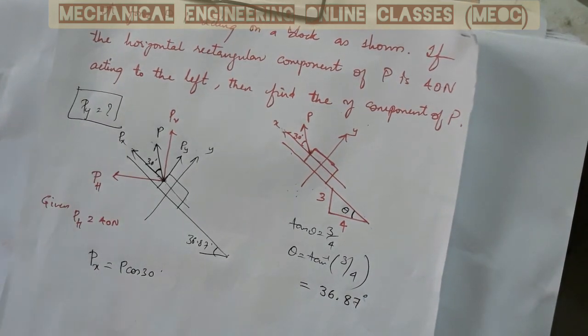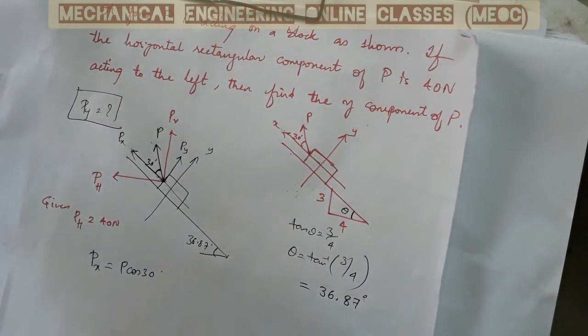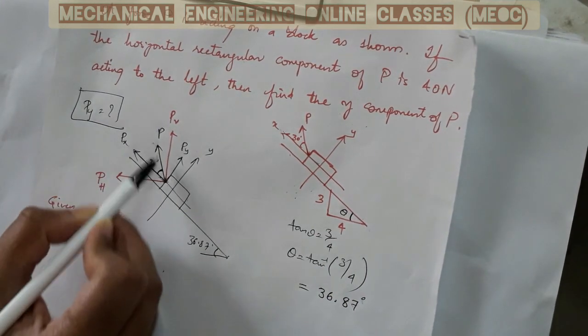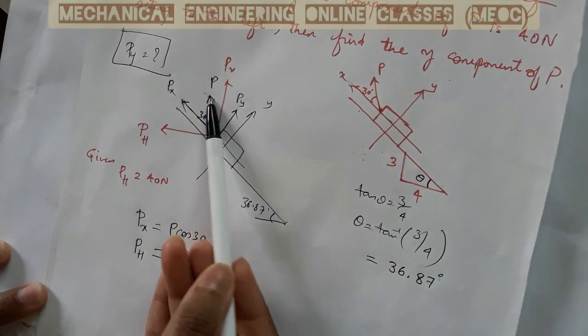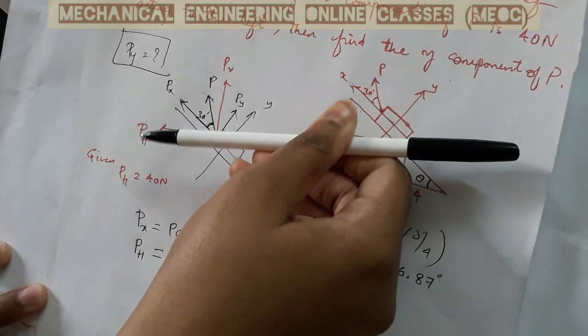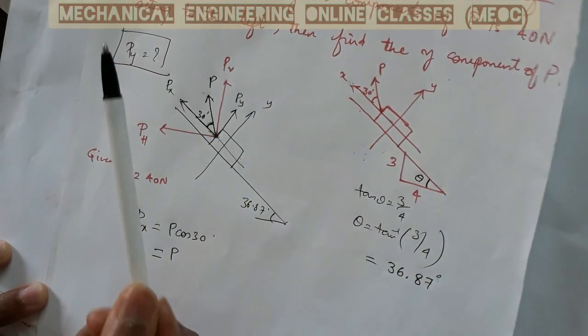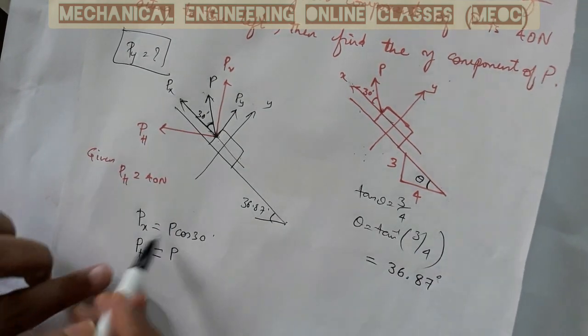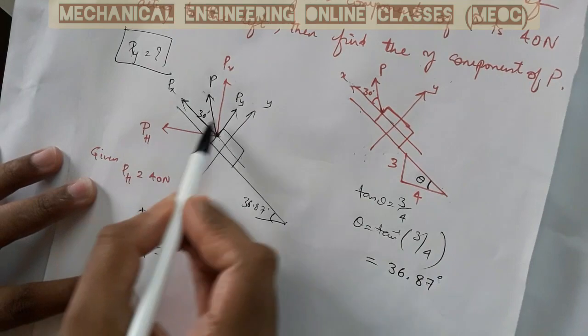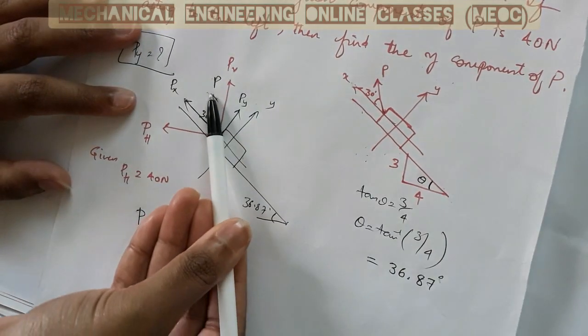We have applied the same concept, taken from the previous problem. I can write PX as P cos 30. Similarly, when I am splitting P into components PH and PV, I can write PH in the same fashion as I have written for PX. So PH can be written as P, dropping this P onto PH.